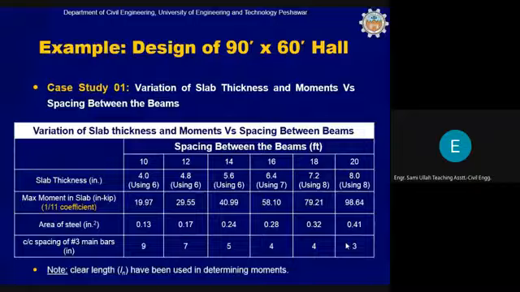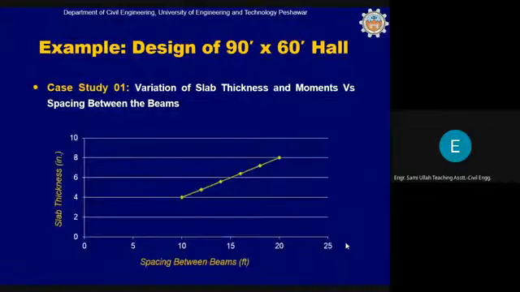For 20 feet spacing between the beams, 8-inch thickness is required. This is the change in maximum bending moment with the spacing between the beams. Because it is L square, it is not linear, it is bilinear.